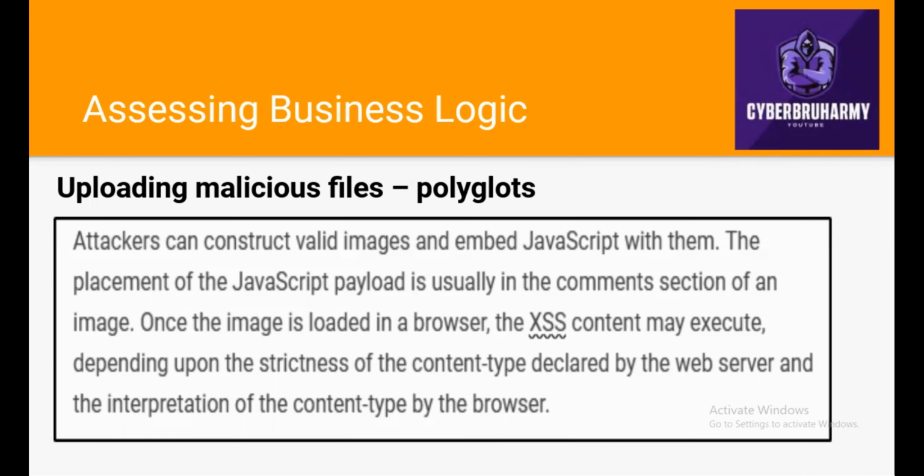Depending on the strictness of the content type declared by the web server, and the interpretation of the content type by the browser, by using this type of uploading of a malicious file, we can also execute the XSS in the web server end.